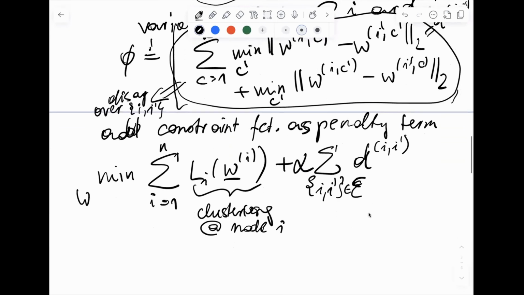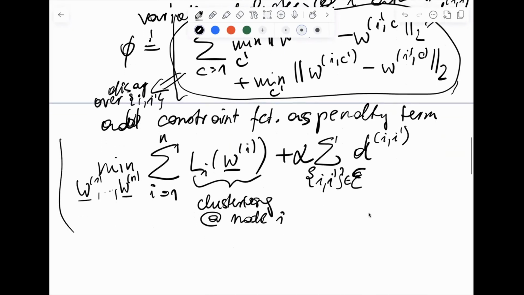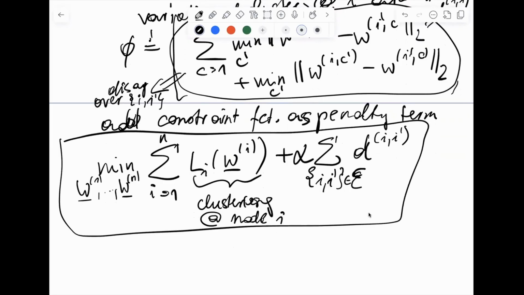Okay, and this optimization problem is in terms of all the local clustering variables. So we minimize this jointly over all local cluster centroids at all nodes. And this here is an instance of generalized total variation minimization.